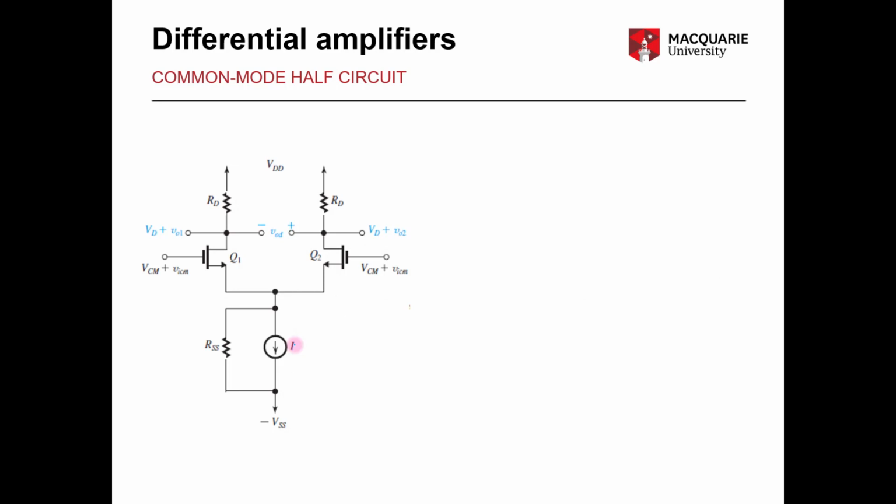And finally, we'll take a look at the common mode half circuit. So if we're interested in our common mode response, so here we have our primary common mode voltage along with an incremental common mode voltage, and we're interested in knowing how the circuit output will respond to that, we can again use a half circuit analysis because we still have symmetry across our circuit.